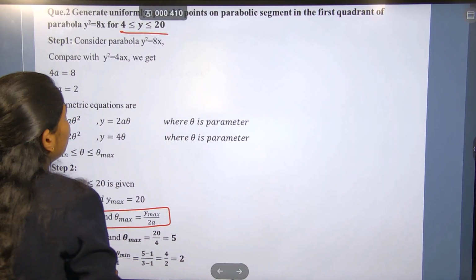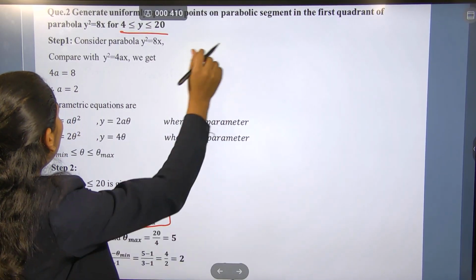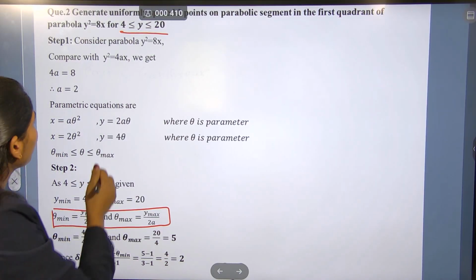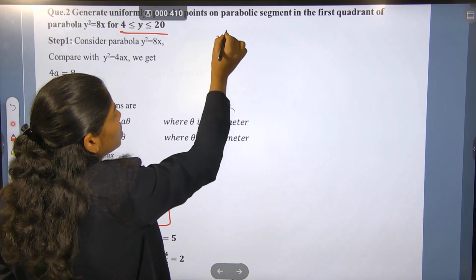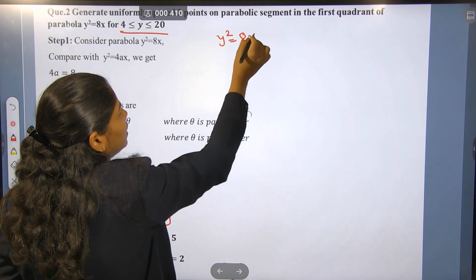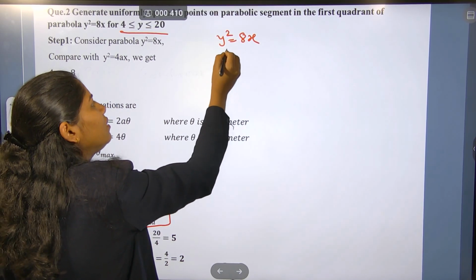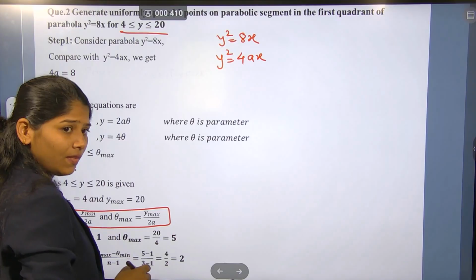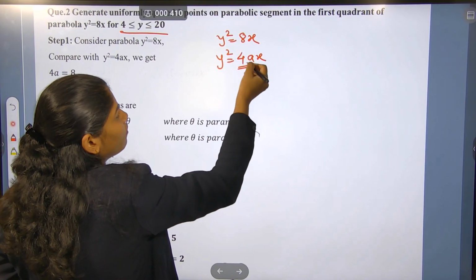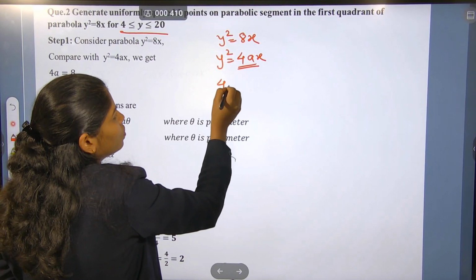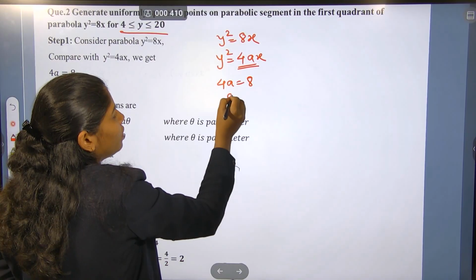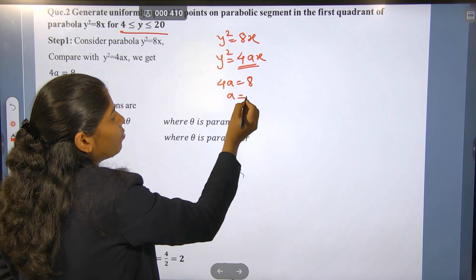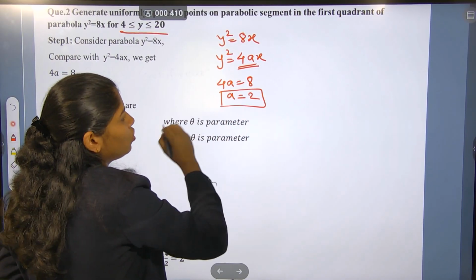So we will solve this. Given equation y square is equal to 8x. Compare this equation with y square is equal to 4ax. Then we get here the value of 4a is 8. So from that find out a. So a equals 8 upon 4, we get a equals 2.